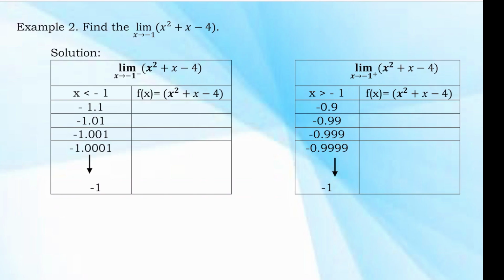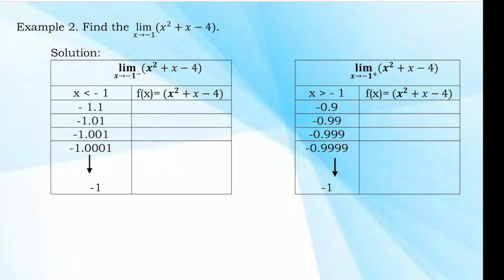Example number 2. Find the limit of x squared plus x minus 4 where x is approaching negative 1. To find the limit of the function, we're going to use numbers getting closer to negative 1.